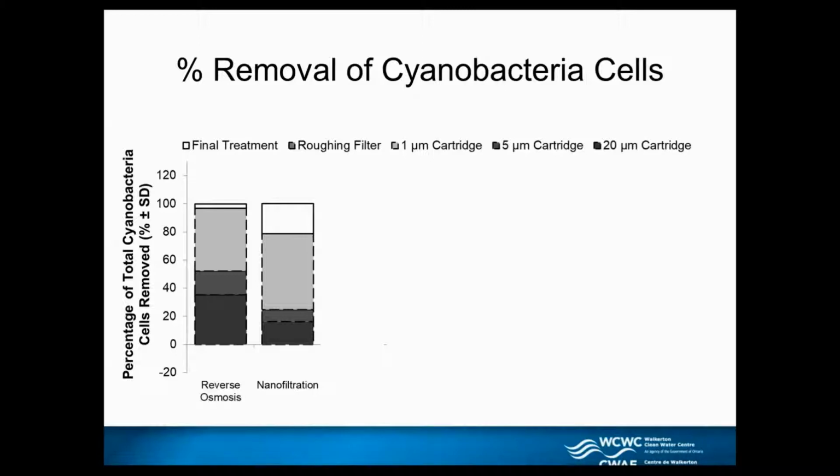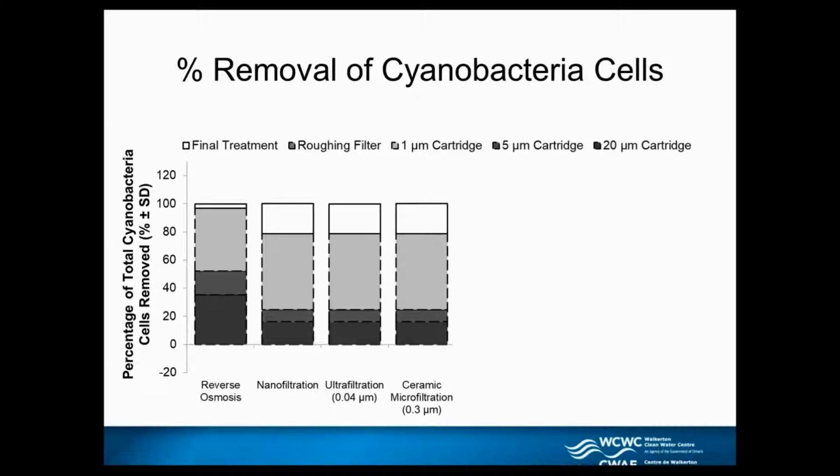We found a similar trend with nanofiltration, except the majority of that removal was done with the lighter gray 1 micrometer cartridge filter, and then any remaining cells were completely removed using that final treatment with nanofiltration. The same idea with ultrafiltration: any remaining cells that were present after the pre-treatment were removed with ultrafiltration.